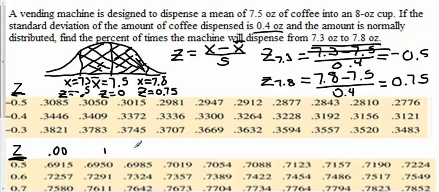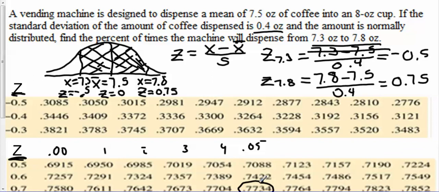So we go to 100ths, 200ths, 300ths, 400ths, 500ths, and go down to the row that has 0.7, and there's our 05. So if you look up the z-score of 0.75, it has an area of 0.7734.